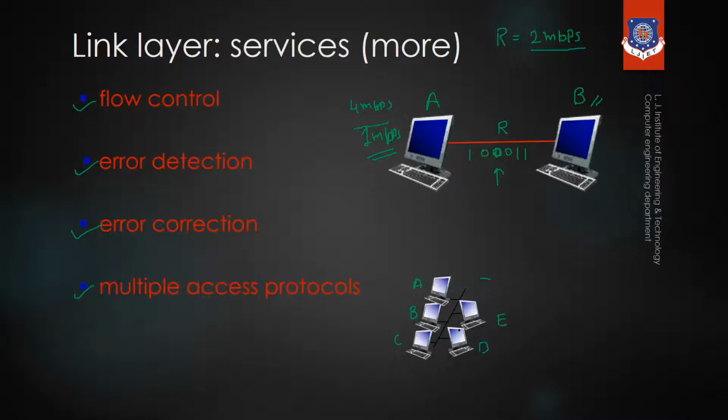Collision means that all the data sent by all devices will be mixed up and corrupted. And when the data is corrupted, the receiver will not be able to understand what the data is and what is the meaning of that data. So it is also the responsibility of the data link layer, when the channel is shared, to provide efficient utilization of the shared medium.